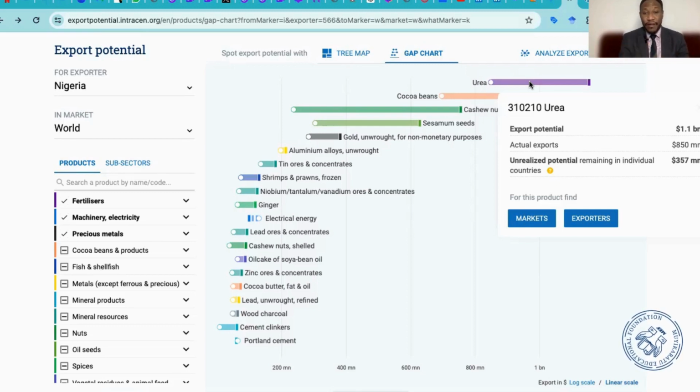In this urea, I would like to say that if especially those Fulanis will adopt a modern way of farming, modern way of rearing their cattle, believe me, there will be lots of urea that can come out of northern Nigeria.